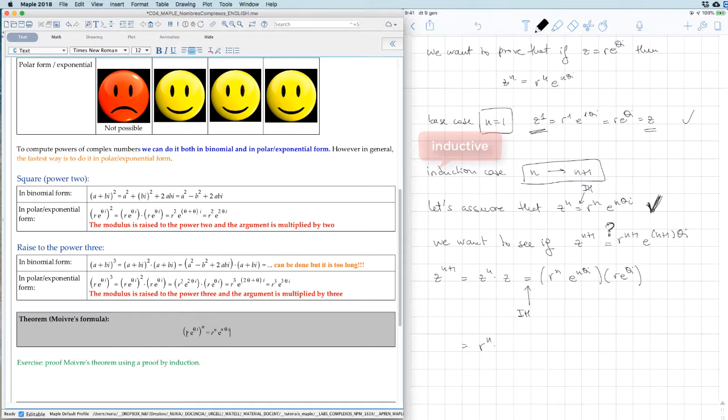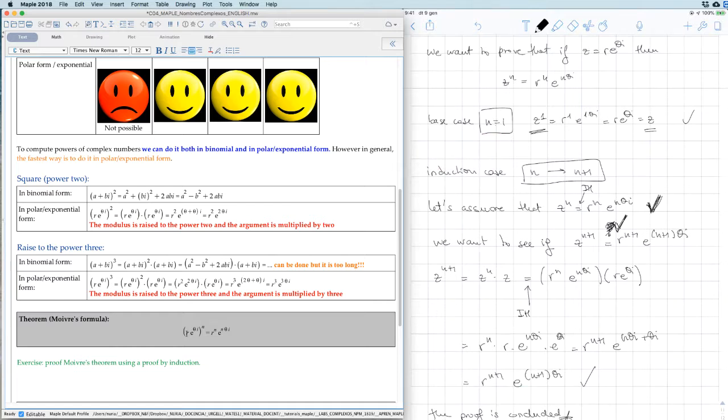We have r to the power n times r, e^(n theta i) times e^(theta i). So this is r to the power n plus 1, e to the power n theta i plus theta i. So again, if we join them, we get r to the power n plus 1, and now this is e to the power (n plus 1) theta i. So this is what we wanted to see. So this equality here is true, and the proof is concluded.